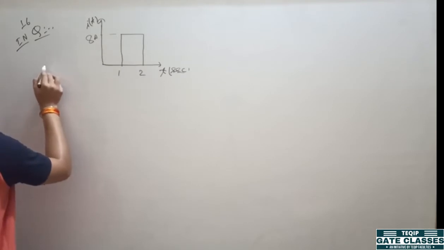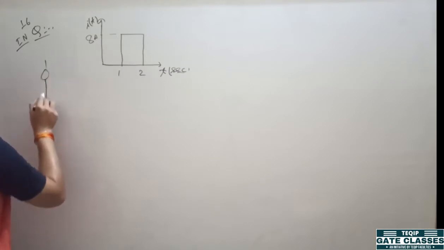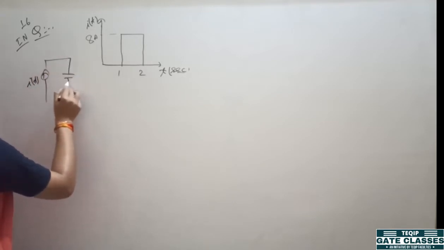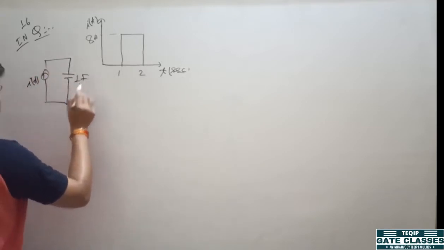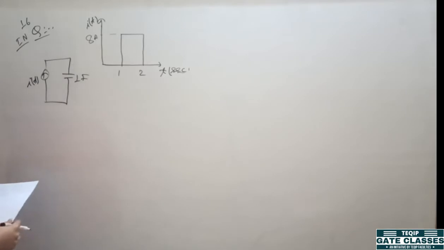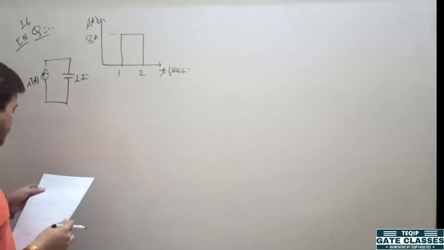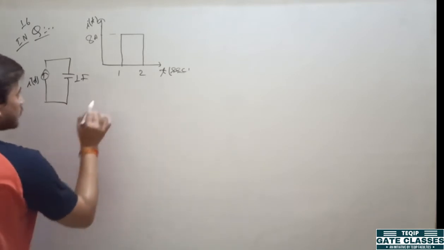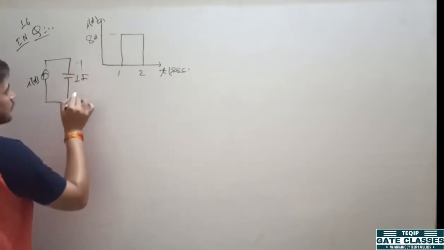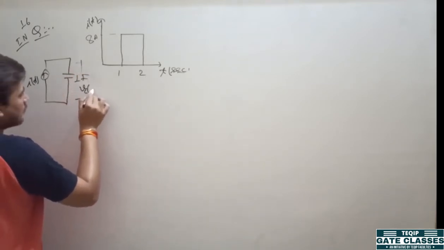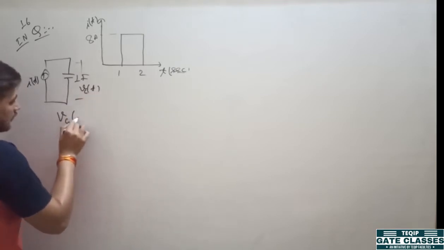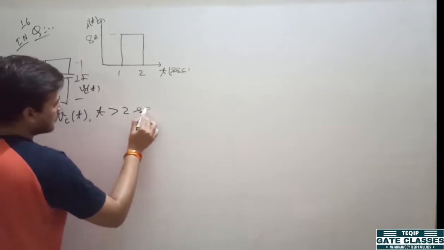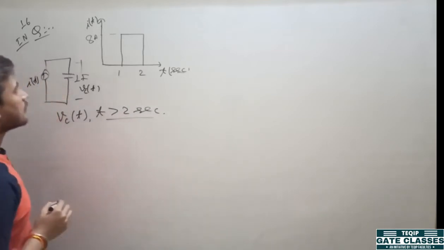Find the voltage across the capacitor for t greater than 2 seconds. You have to find this voltage VCT for t greater than 2 seconds.